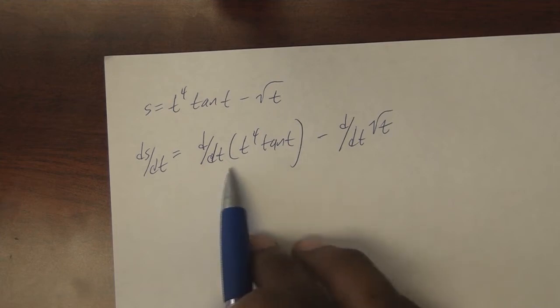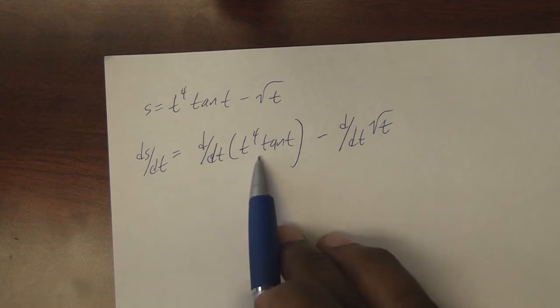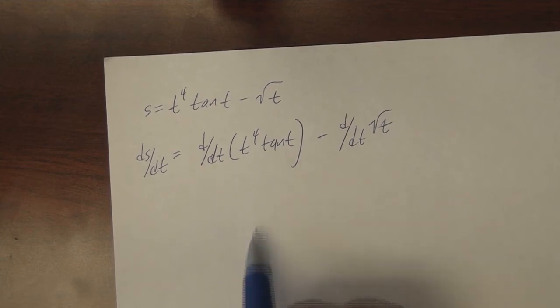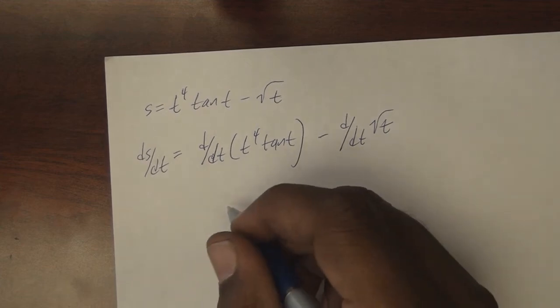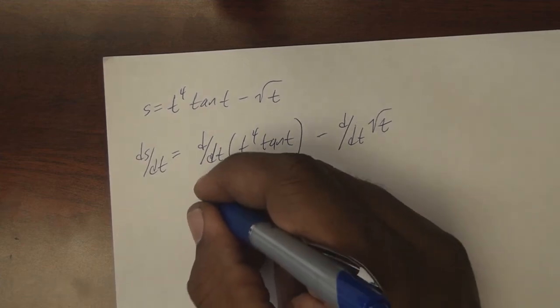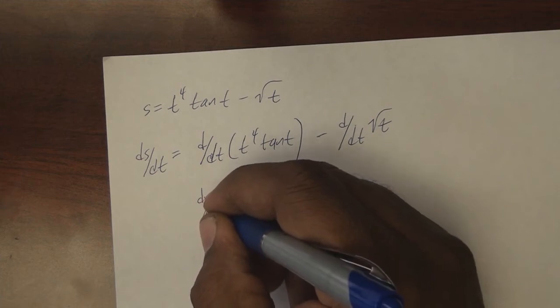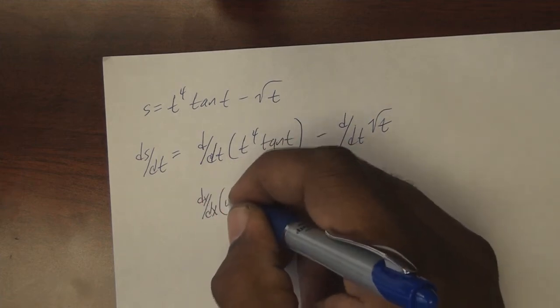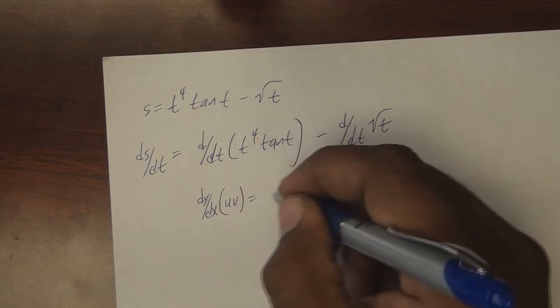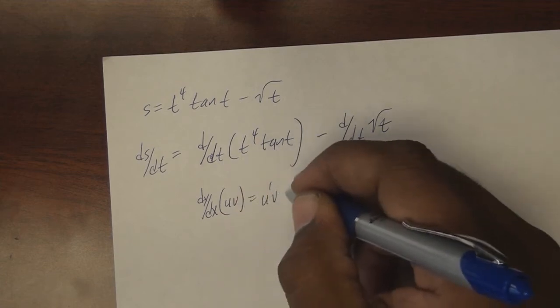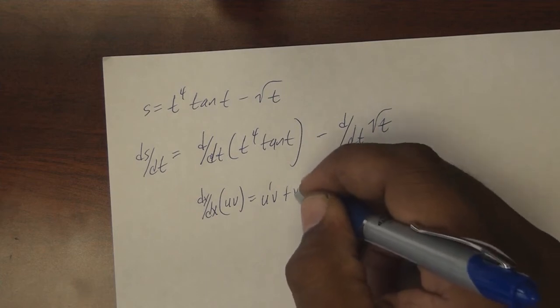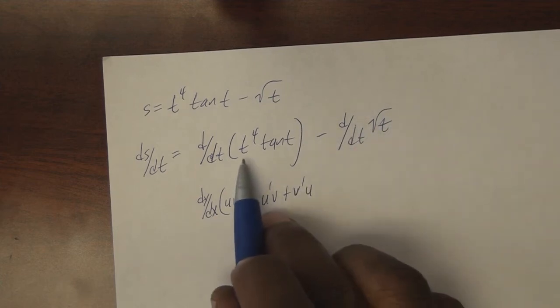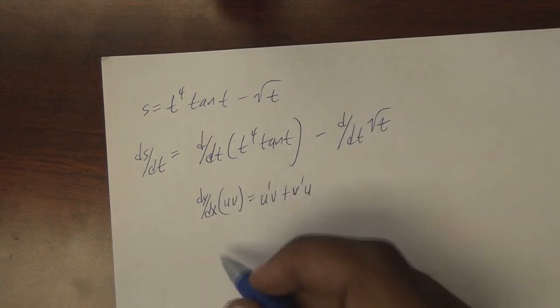When we find the derivative for our first term, notice that it's a product, so we'll use the product rule for derivatives. And the product rule for derivatives states that dy dx for any product u times v, that's equal to u prime v plus v prime u. So we'll set our first factor equal to u.